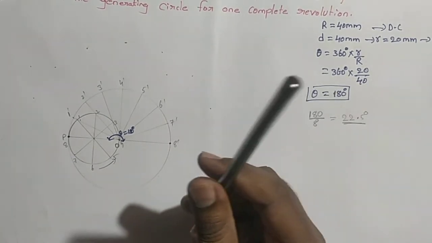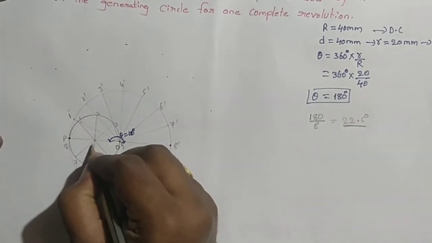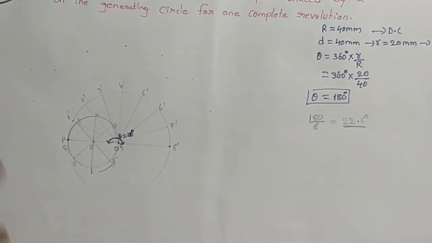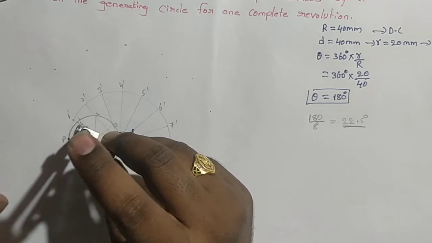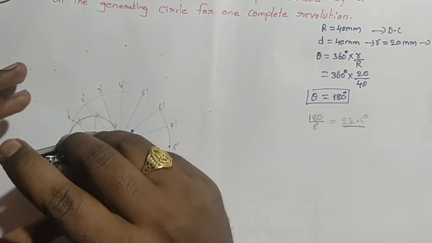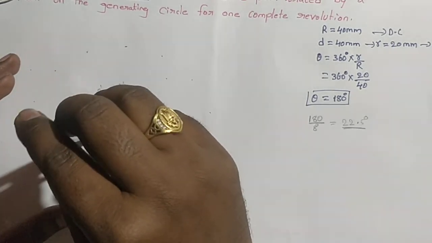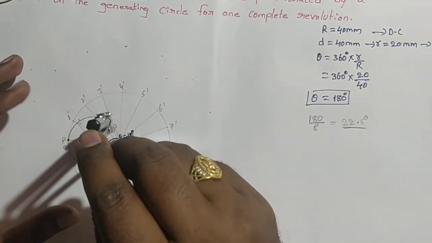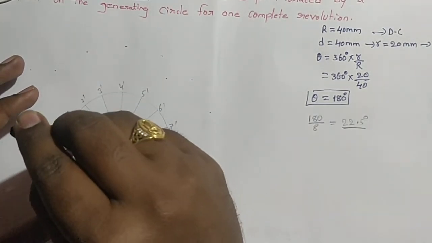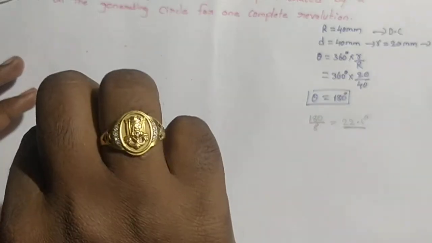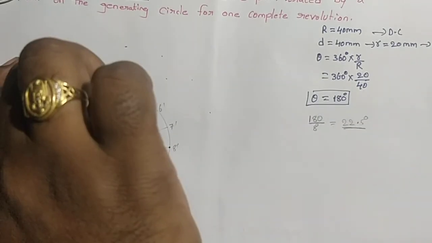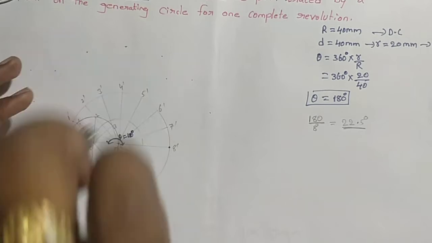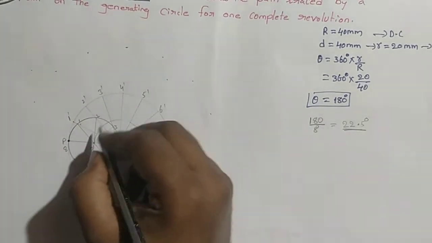Now we need to draw arcs from every point. First I am drawing 0 to 0 dash. It is the locus of the generating circle. This circle touches these radius lines.